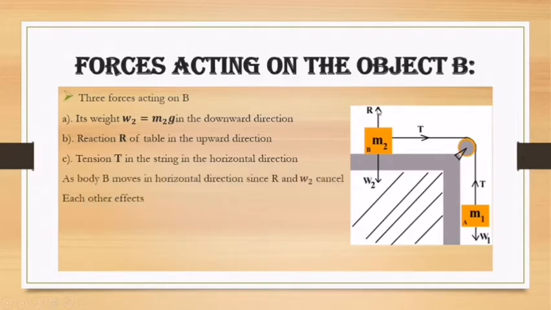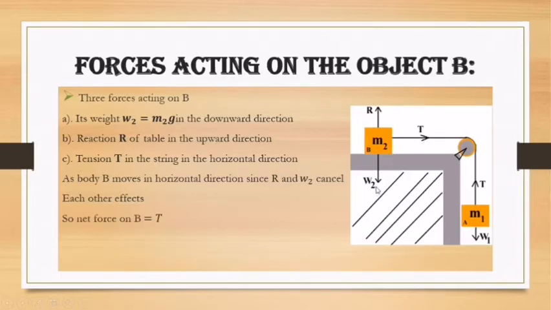So there are two forces here, and there is another force that moves this body in the horizontal direction, and that is the tension T. So there are three forces acting on the body B. These are the weight of this mass m2 in the downward direction, the reaction of the table opposite to the weight, and the tension T in the horizontal direction.